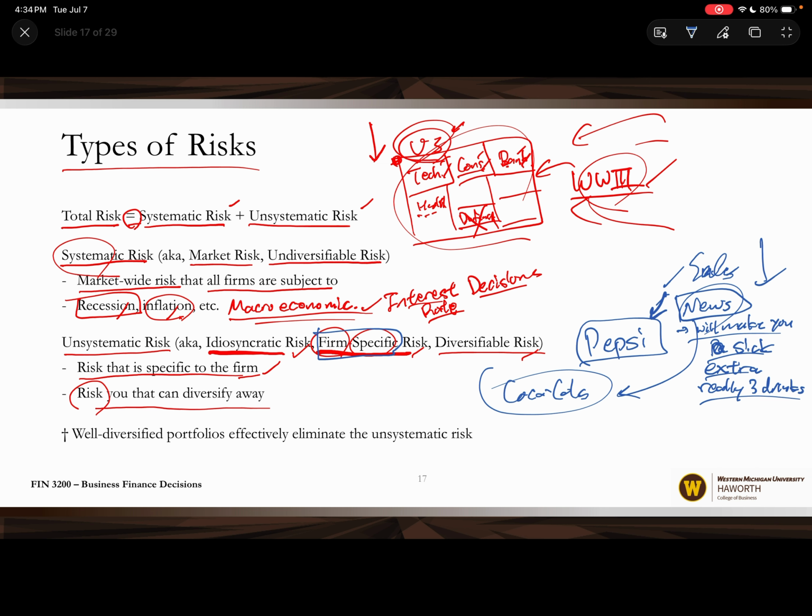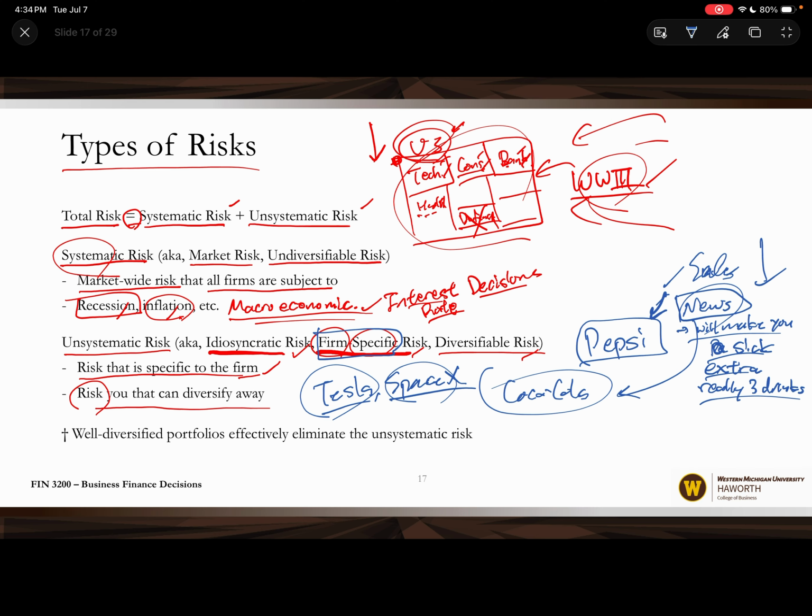Or it could be, let's say, Tesla or SpaceX. Elon Musk is a key figure there, right? So let's say, I hope he'll be fine, but let's say Elon Musk dies suddenly, all of a sudden.